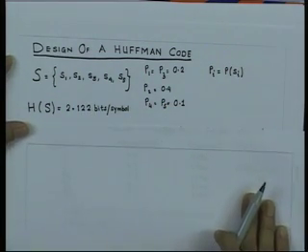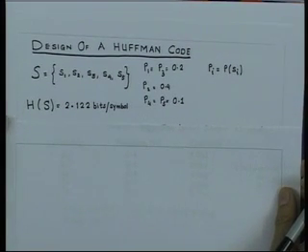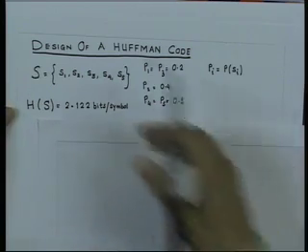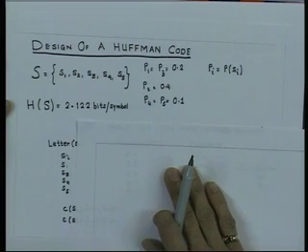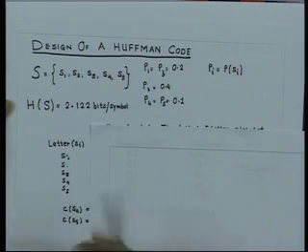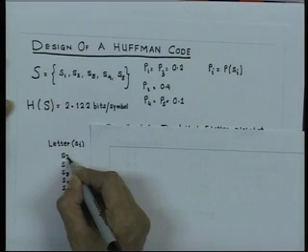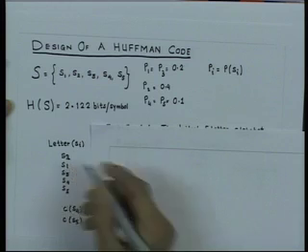The first thing for coding using the Huffman technique is to take the source symbols and order them in decreasing order of probabilities. In this case S2 is maximum, so this will be S2 followed by S1.